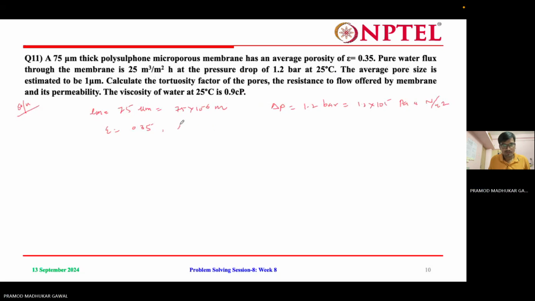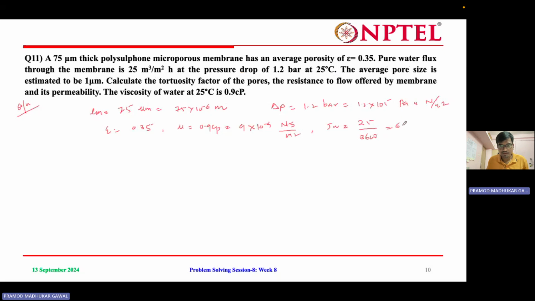Viscosity is 0.9 cp. So it is 9 into 10 to the power minus 4 Newton second per meter square. And Jw is 25 divided by 3600, since it is in hours, converted to seconds.